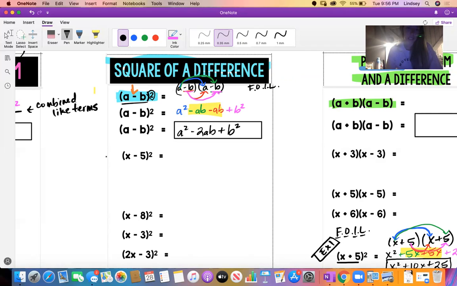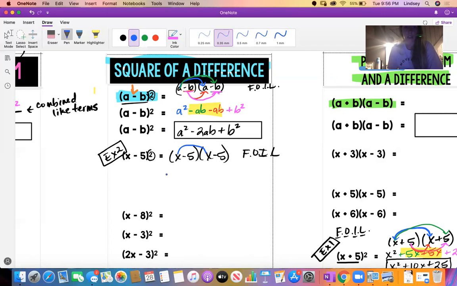All right, example 2. Just going to jump right into it. We have x minus 5 squared. So that's going to be x minus 5 times x minus 5. Polynomial times a polynomial. I'm going to use the FOIL method. First, outer, inner, last. First, x times x.